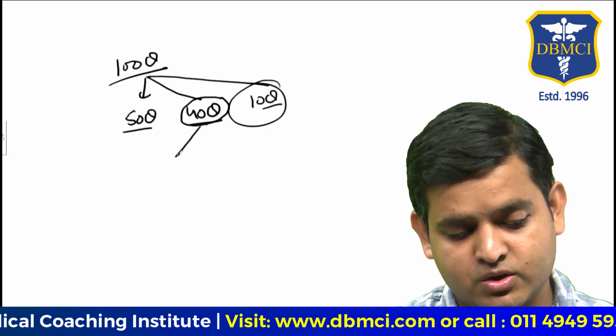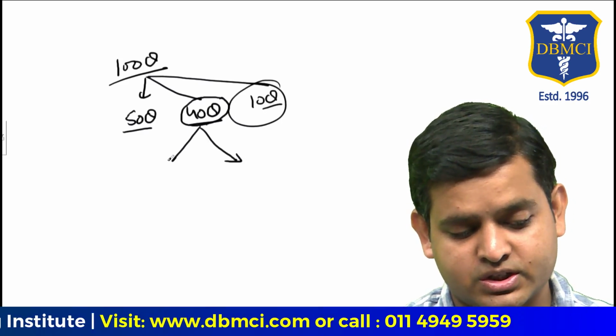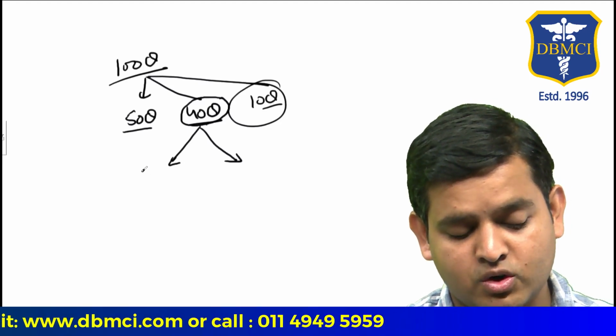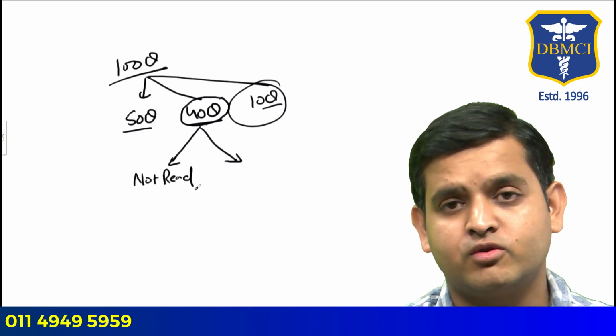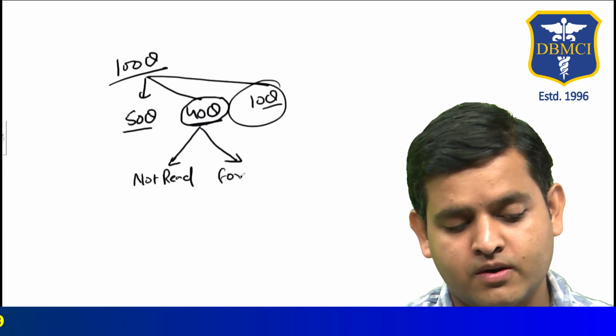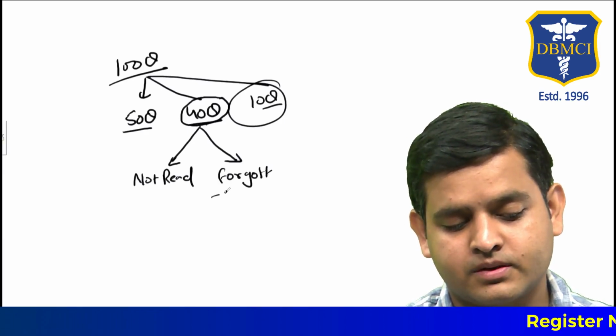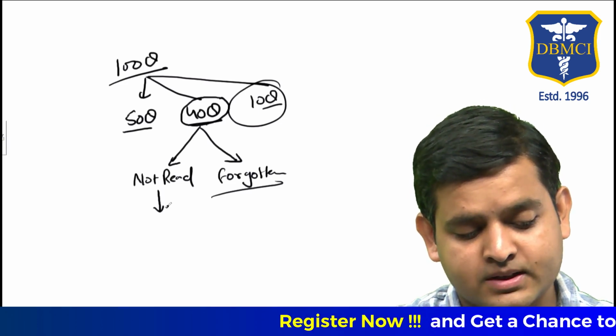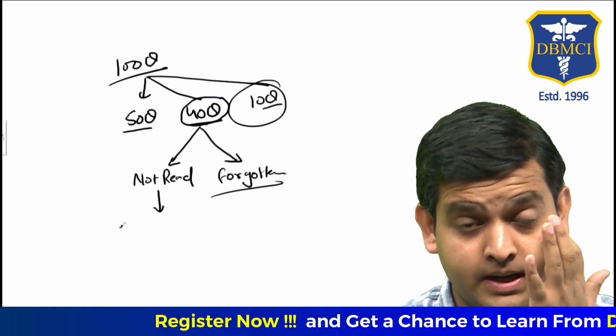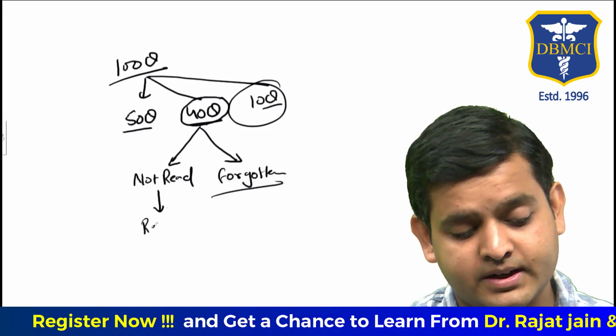Now these 40 questions could be wrong because of 2 reasons. One, you have not read that topic, or you have forgotten that topic. If you have not read that topic, see, the remedy is different. Then you have to read it.